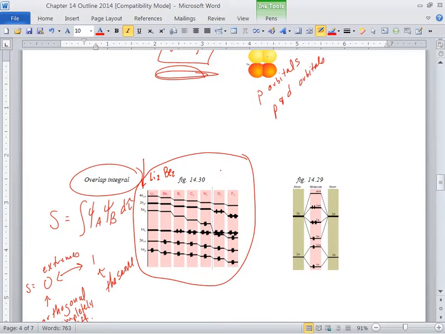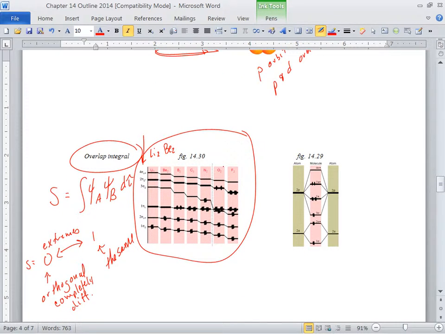But this is really a generalized plot because what you're supposed to realize, I don't know if the book hits this hard enough, is if, let's say you pick nitrogen. So nitrogen has how many valence electrons? 5. Each nitrogen has 5. So that means 10 total, right? So we've got 10 electrons.